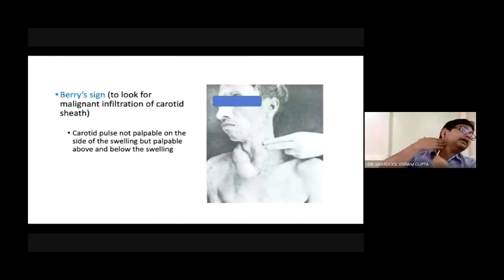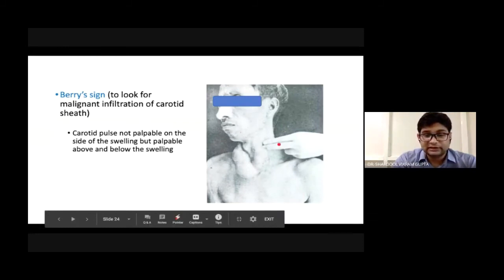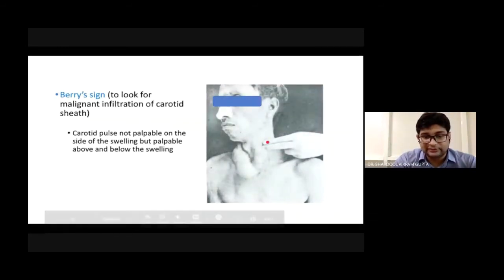But if you palpate in the superior or inferior extent, you may be able to demonstrate the carotid pulse. So a non-palpable carotid pulse due to actual malignant infiltration of the carotid sheath is known as Berry's sign. As you can see here, the swelling is this big, so here the carotid pulse will not be palpable.